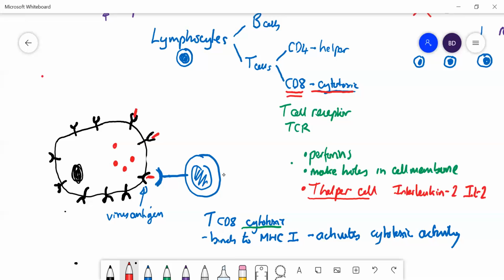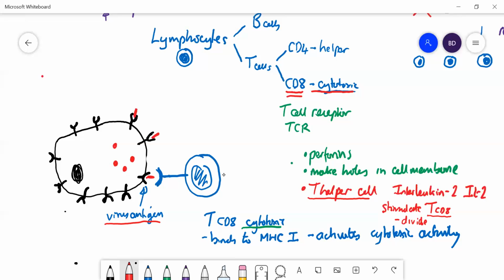And what it will do, it will stimulate the cytotoxic T cell, so that's the CD8 cell. It will stimulate it to become more cytotoxic, and it will also make it divide. So you'll end up with a clone of those little cytotoxic T cells that can recognize this viral antigen. So they're perfectly made just to deal with that viral antigen.